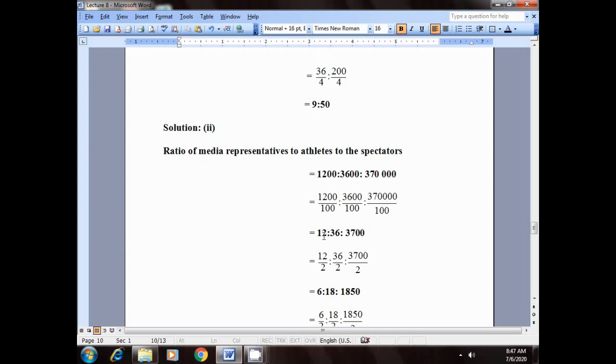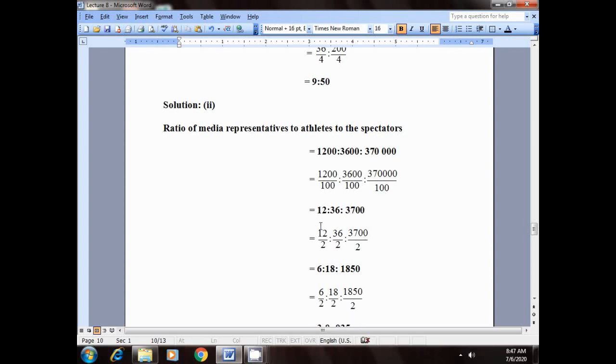And if we divide this third quantity 3,70,000 by 100, then we will have the quotient 3,700. Now again these three quantities 12, 36, 3,700 are divisible by 2. So let's divide them by 2.